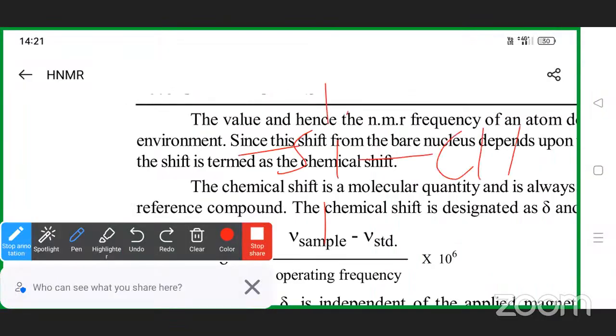So four methyls are there around silicon.